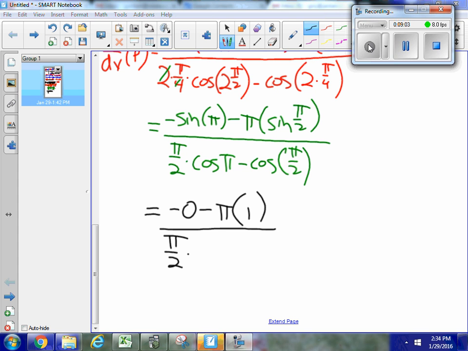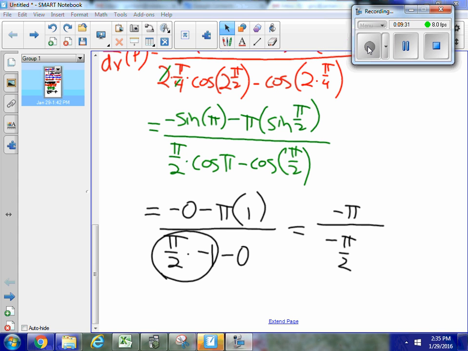Cosine of pi is negative 1 minus the cosine of pi over 2. Cosine of pi over 2 is 0. So I have on my top, I have negative pi divided by, well, this looks like it's equal to negative pi over 2.